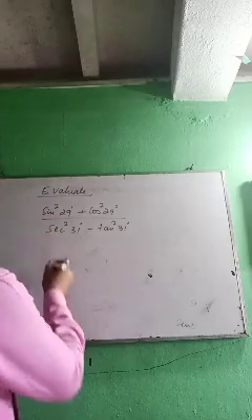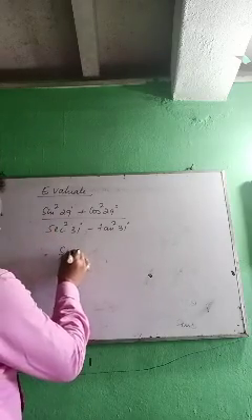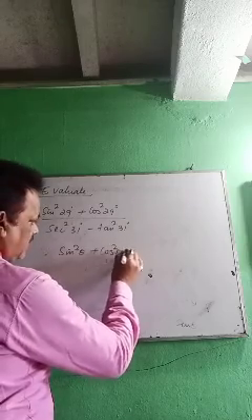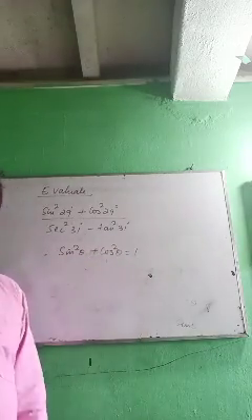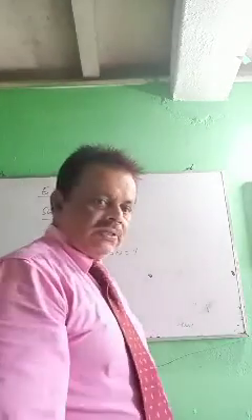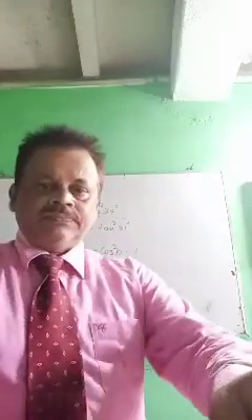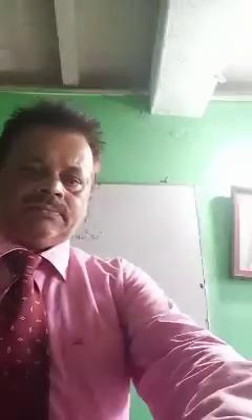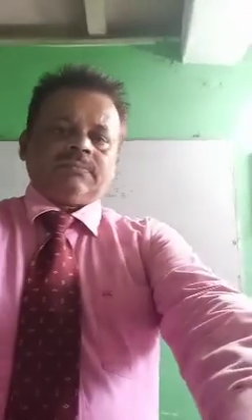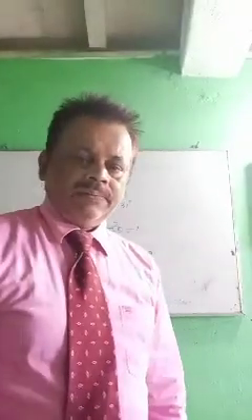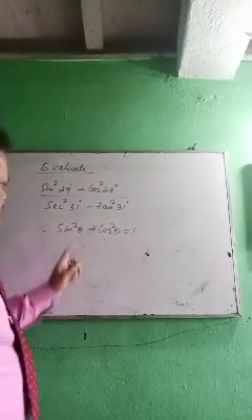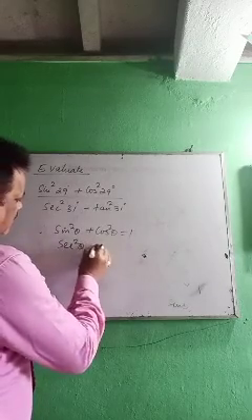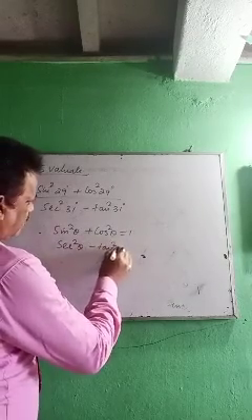Look, since sin square theta plus cos square theta is 1, then sec square theta minus tan square theta is 1.